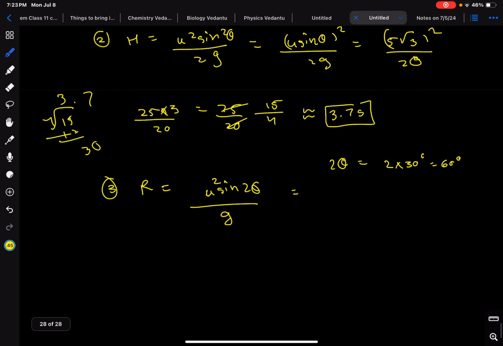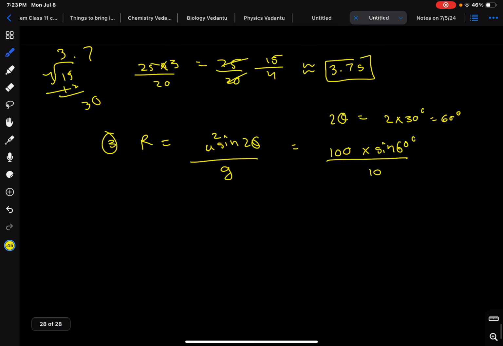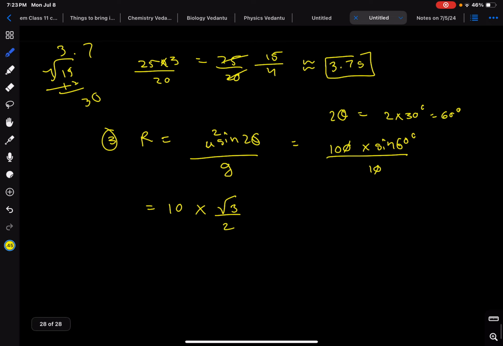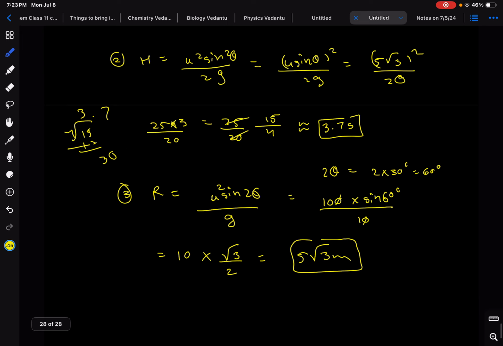So that means it is equal to 100, which is u square, times sine of 60 degrees upon 10. The 10s get cancelled. It is equal to 10 times sine 60, which is root 3 by 2, which is equal to 5 root 3 meters. Alright, so that is the maximum range that it can go.